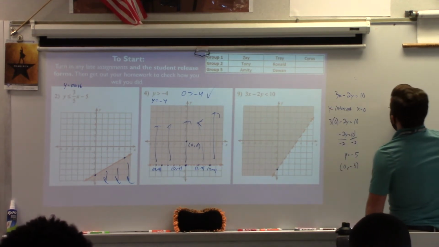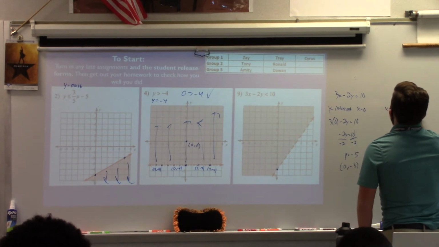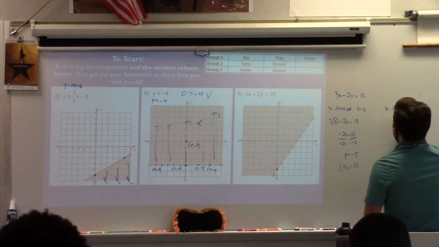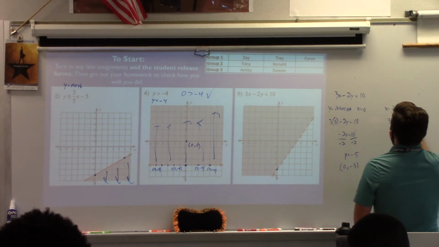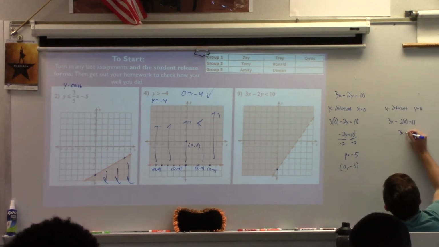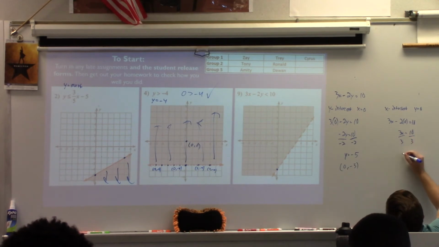So now, what about the x-intercept? The y value is going to be 0. So 3x minus 2 times 0 equals 10. What does that give us as our x-intercept? 3.5?